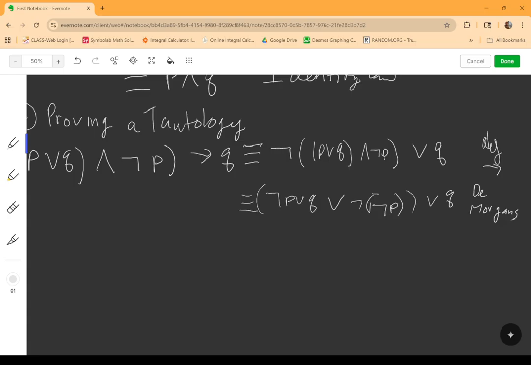Now let's use the double negation here. So not (P or Q) or P, and then or Q. Now we are going to use the associative law.